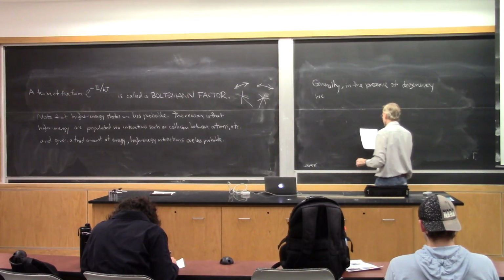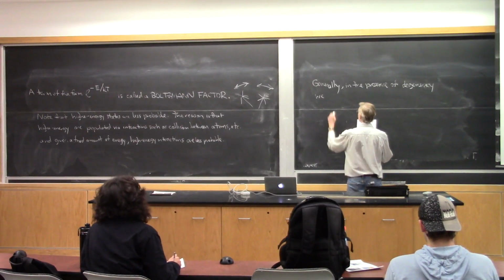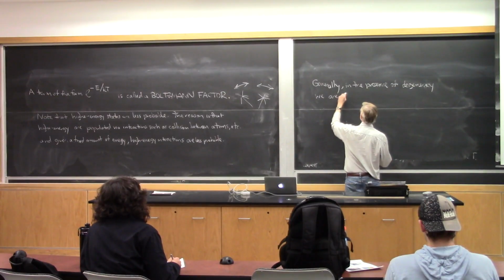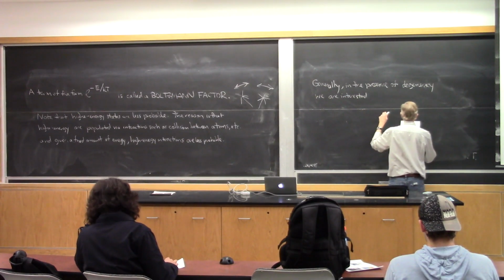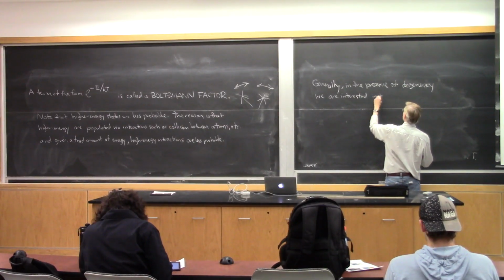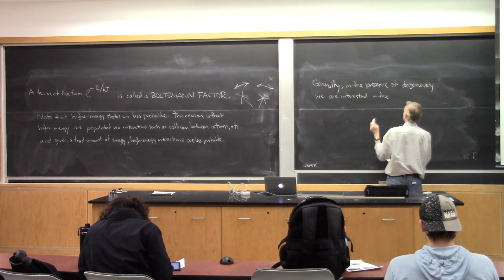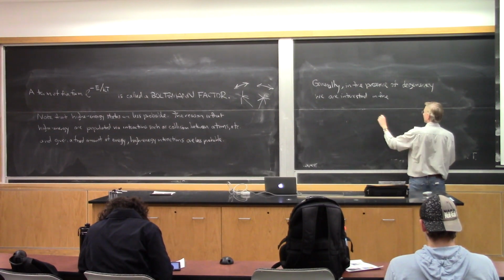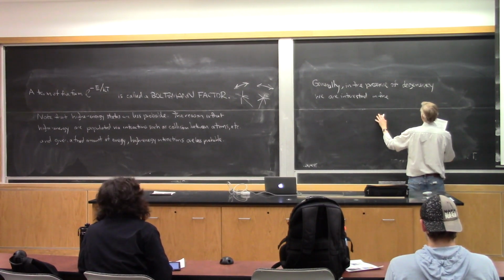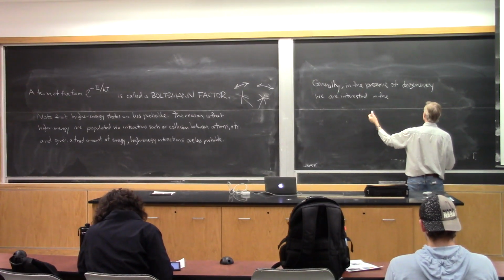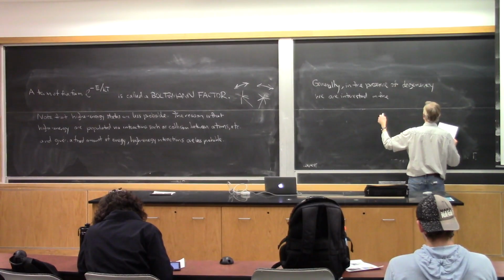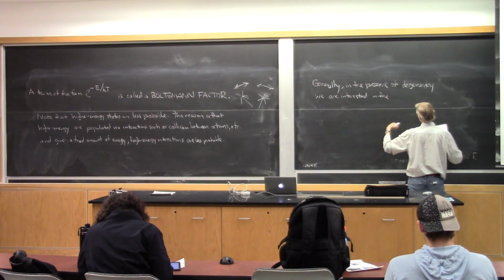So we are interested in the relative populations, because remember, this is a ratio of how many are in one state divided by how many are in another state. So that's what I mean by the relative populations, the ratio of how many in state 2 divided by how many in state 1, as opposed to, although we can do this sometimes, how many in state 2 period, how many in state 1 period.